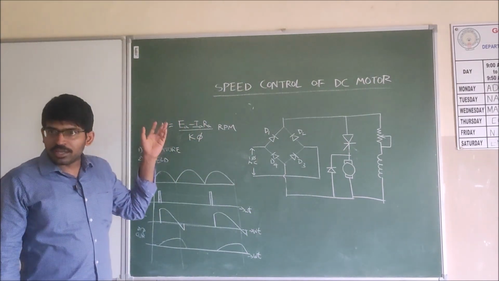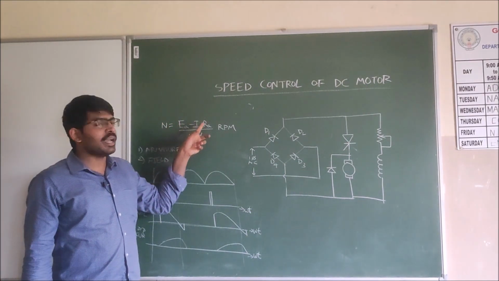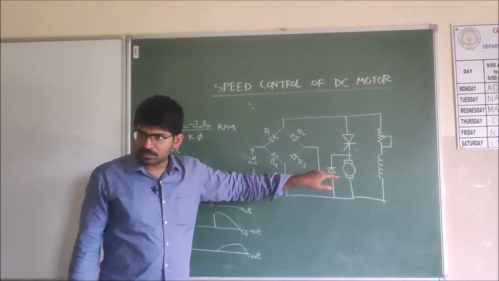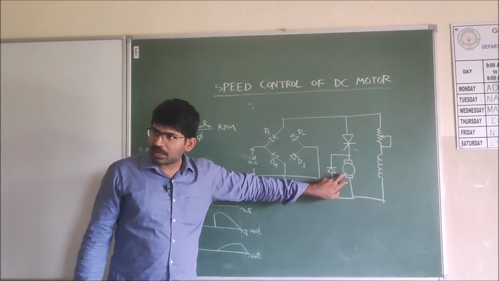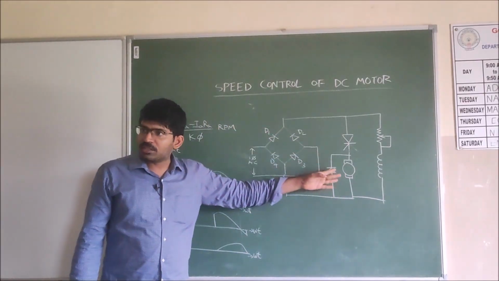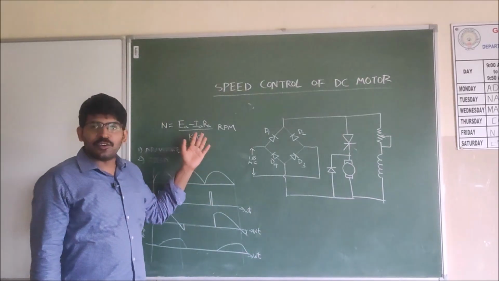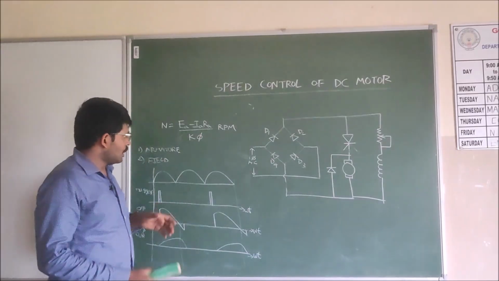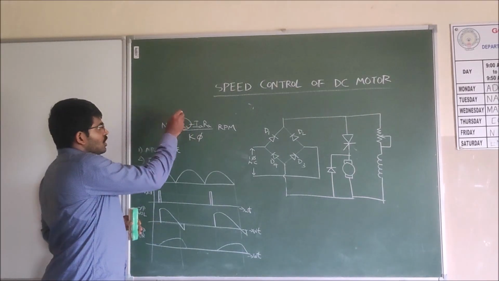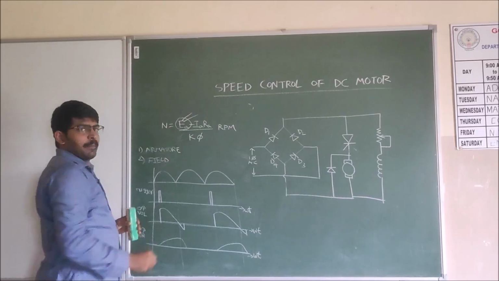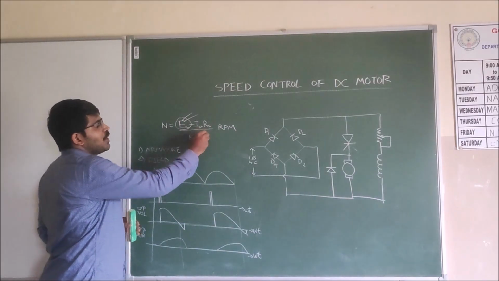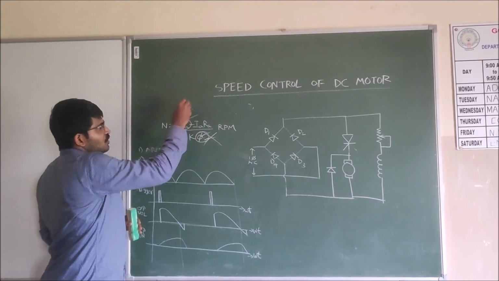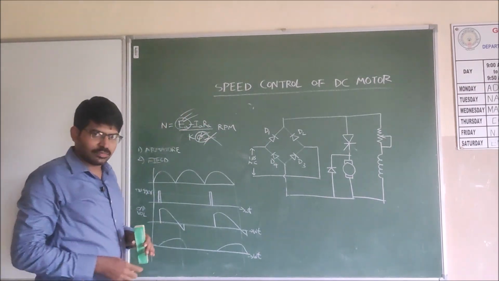The speed equation is given by (EA minus IA RA) divided by K phi, where EA is the armature voltage, IA is the armature current, RA is the armature resistance, phi is the flux per pole, and K is a constant. We can control the speed either by changing EA or by changing phi. But presently we are not concentrating on phi, we are concentrating on EA.